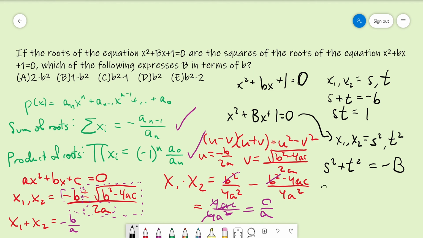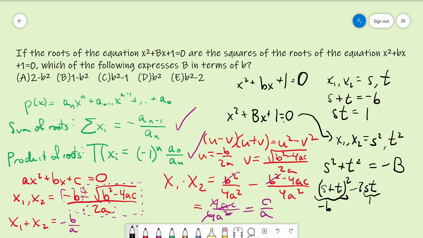That's just s plus t, quantity squared, which we know what that is. That's going to be negative little b, minus 2st. Well, we know what little st is. That's going to be 1.